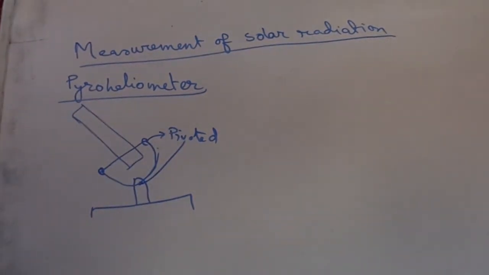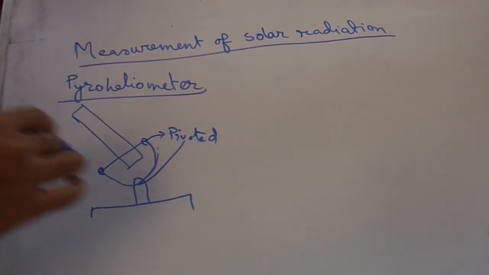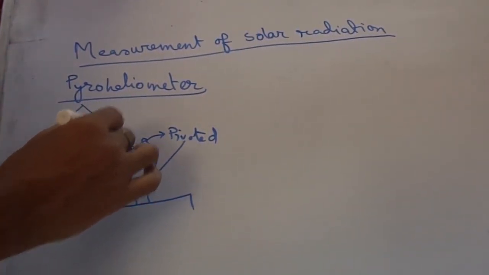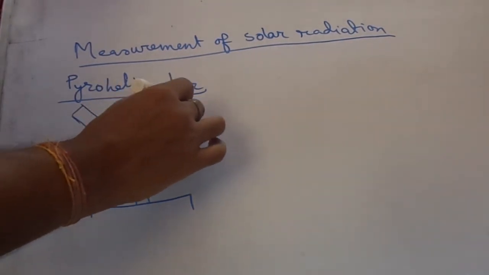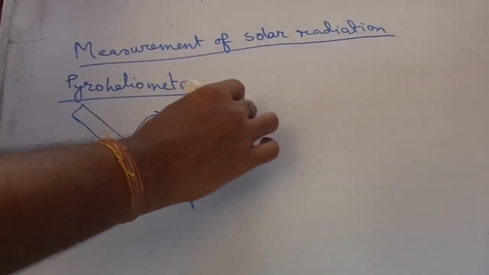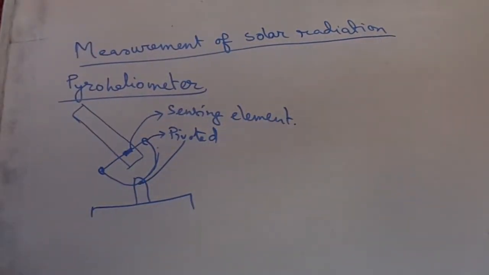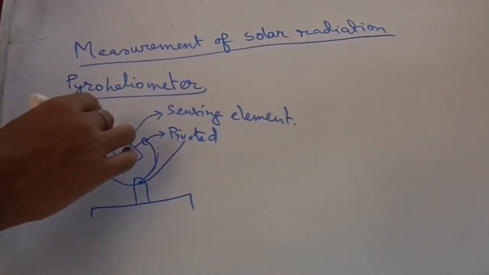That is the sensing element. Another one is the diaphragm. This is the sun ray and the long collimator tube.